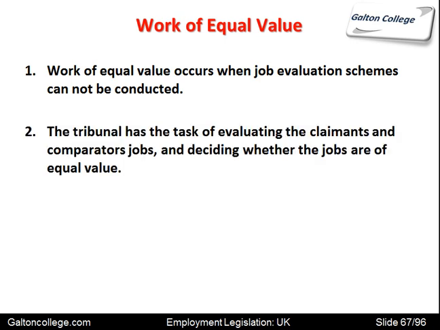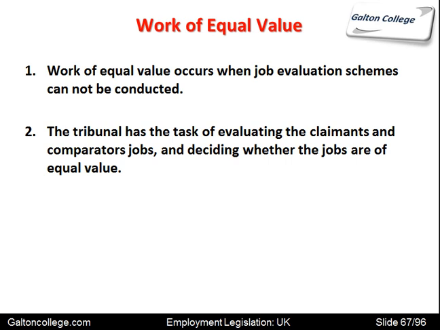The tribunal has the task of evaluating the claimant's and comparators' jobs and deciding whether the jobs are of equal value. If they are of equal value, then there should be the same rate of pay. But sometimes the jobs are not, if you like, physically the same. They're not identical. Perhaps the male is doing something else, perhaps running the machine and getting the raw materials to feed into the machine, whereas the female worker is using the same machine but taking away the finished product to be packaged somewhere else.